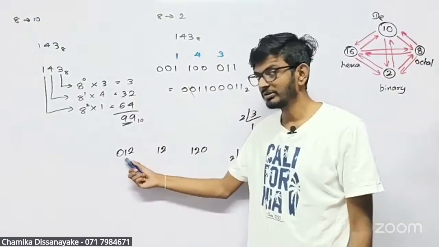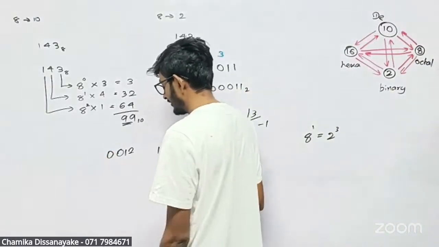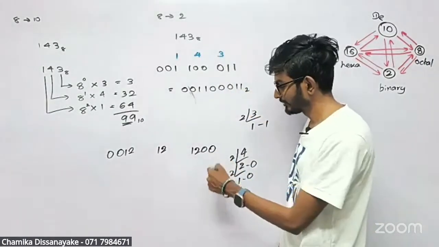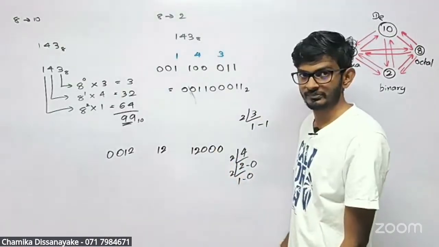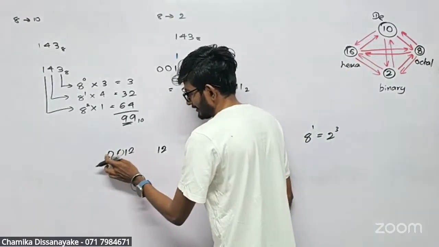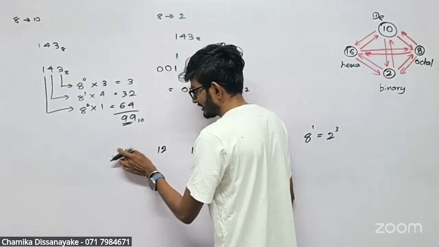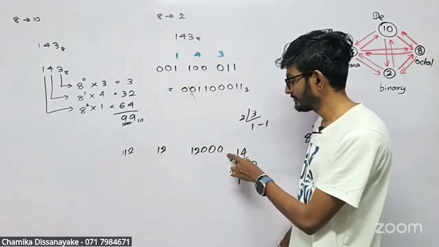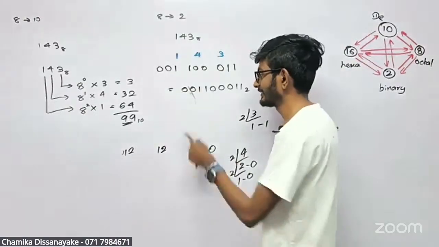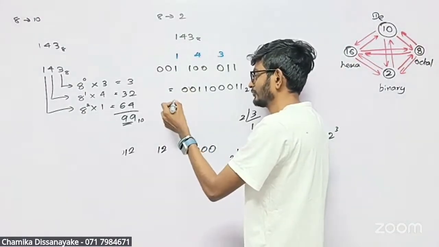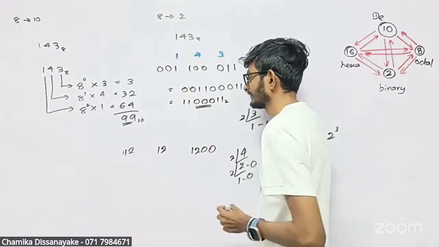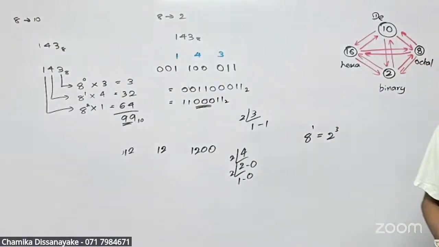The value is still 12. When I add another 0, the value is still 12. But when I add 0 at the back, the value changes: 1200, 12,000. Likewise, if we have zeros in the front, we can remove them because the value is not changing. But if we have zeros in the back, we can't remove them because the value is changing. Here we have 2 zeros in front, so we can remove those: 1, 1, 0, 0, 0, 1, 1. This will be the final value.